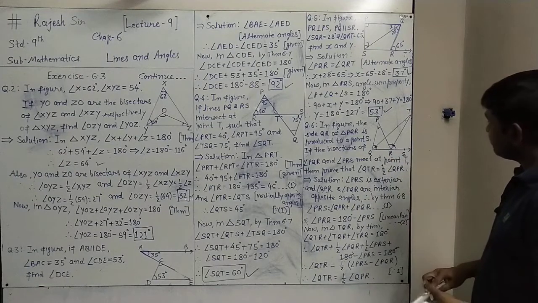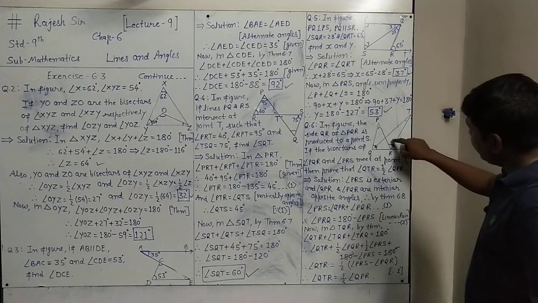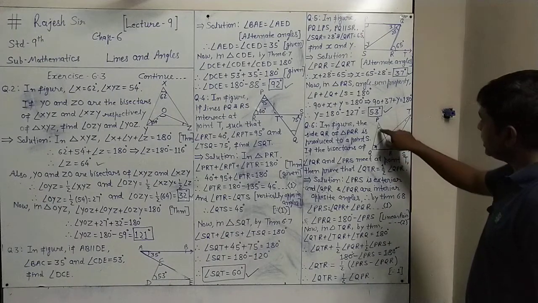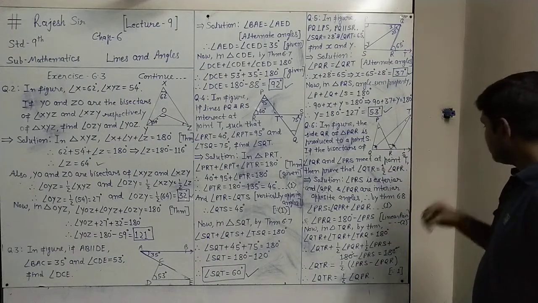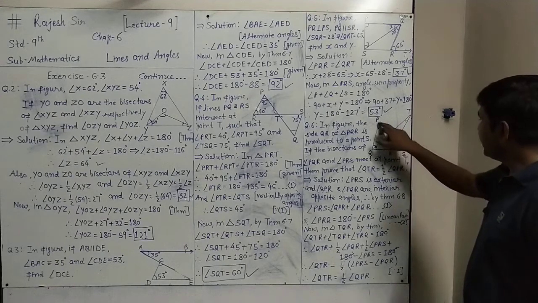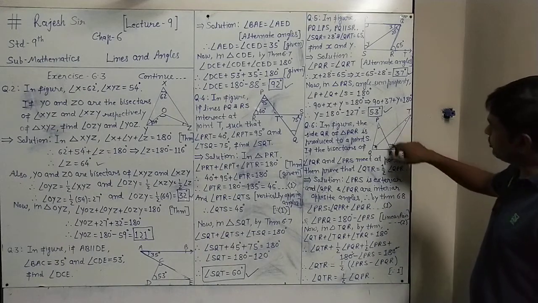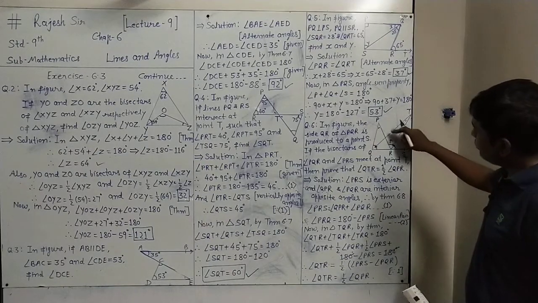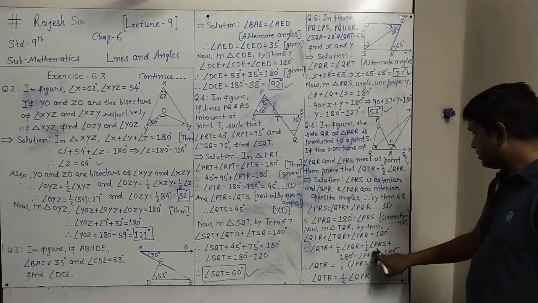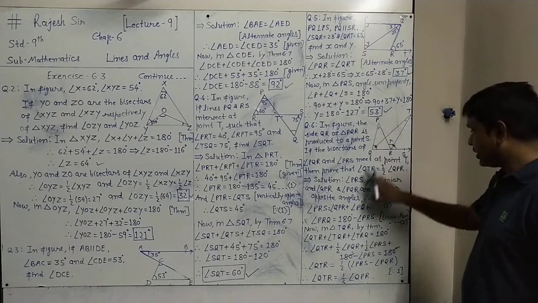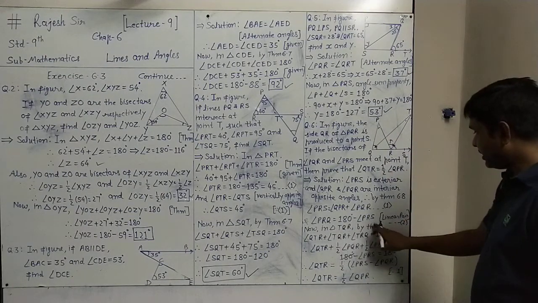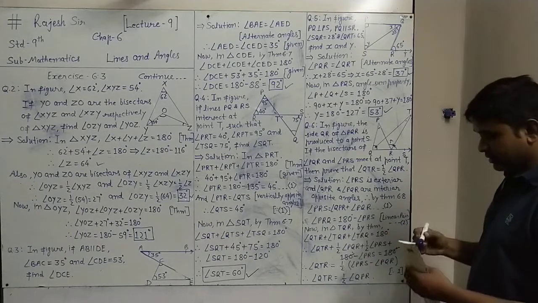In that, angle TRQ is half of PRS, because of the bisector, plus the remaining PRQ. And PRQ, from result 2, is 180 minus PRS.